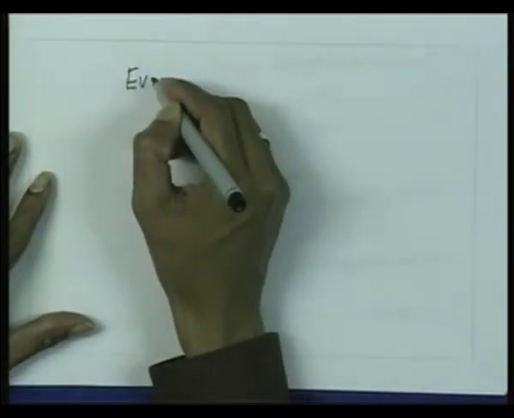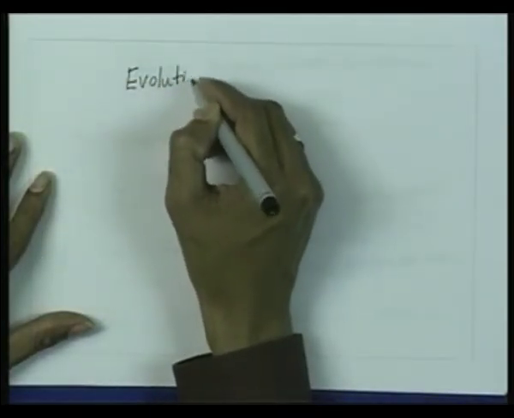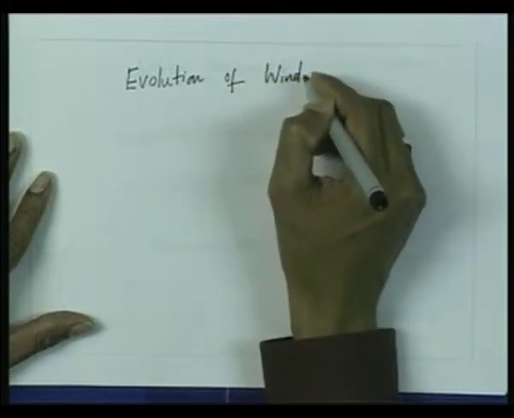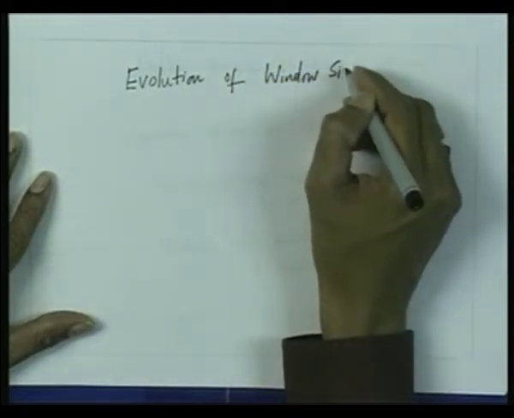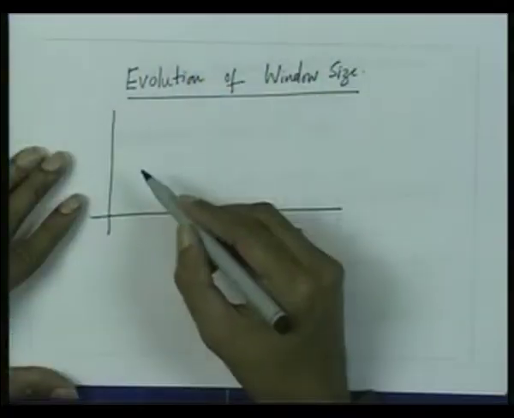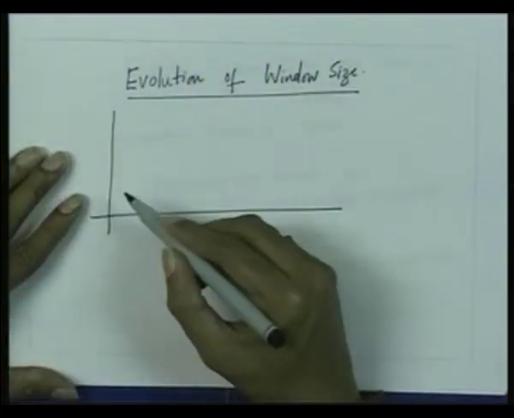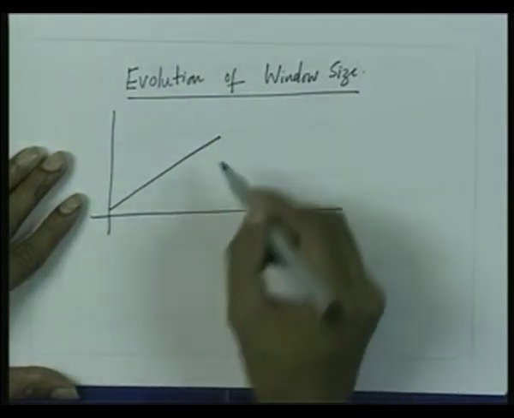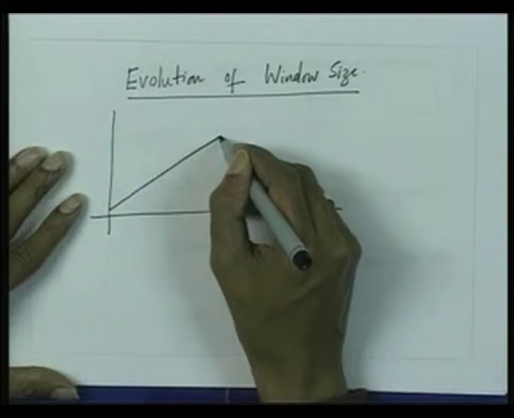So if you see the evolution of window size in TCP, your window size is increasing in a linear, additive fashion, and let us say it detects congestion here.